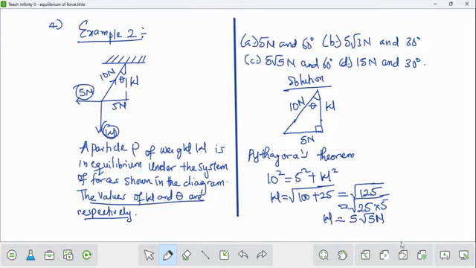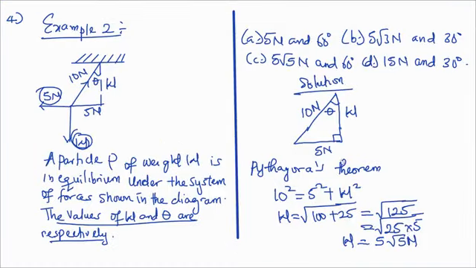Let's continue. Now, what are we looking for? We want to know the angle. For us to know the angle, which formula connects this hypotenuse side and this opposite side? That is opposite and hypotenuse, so that is sine theta. Opposite is 5.